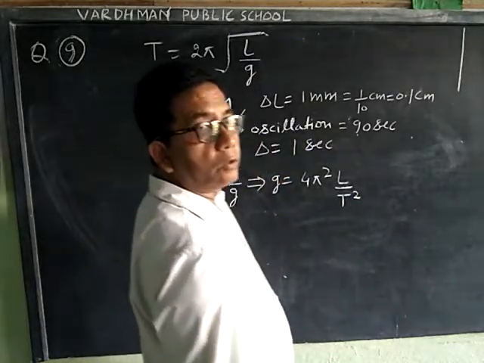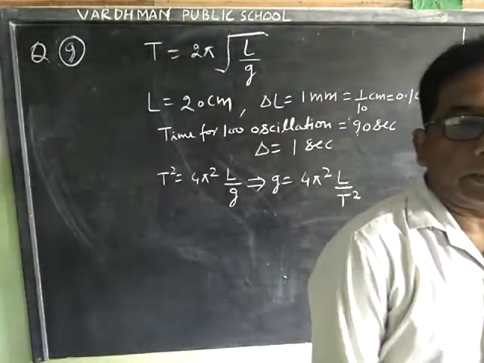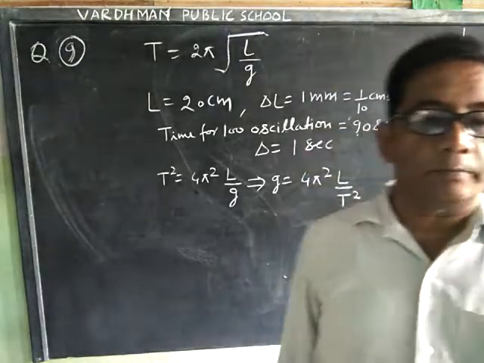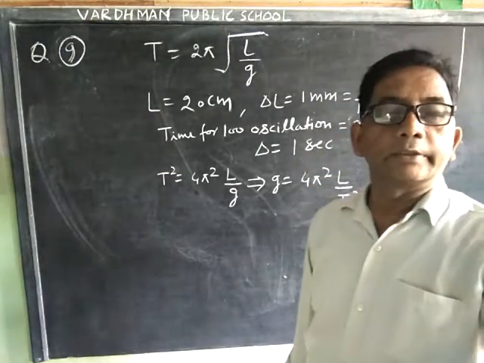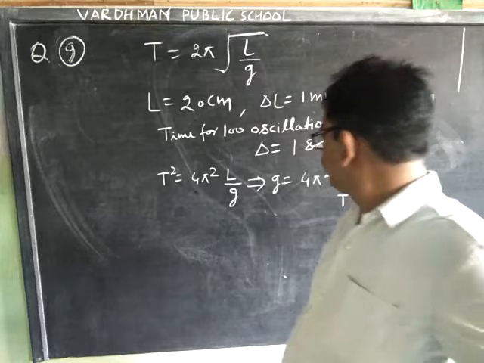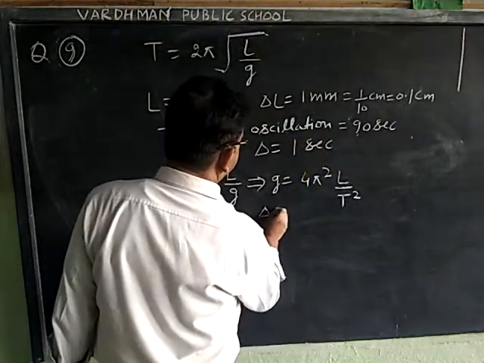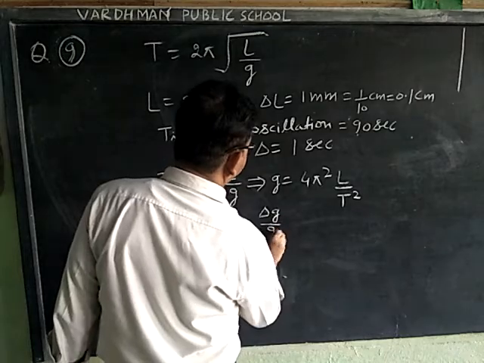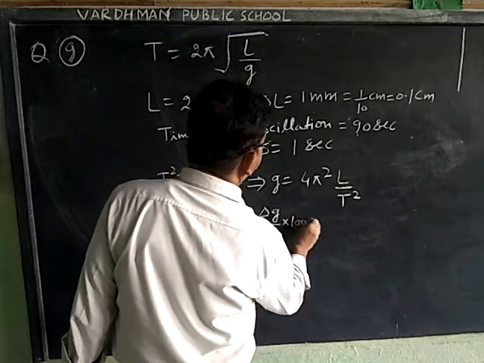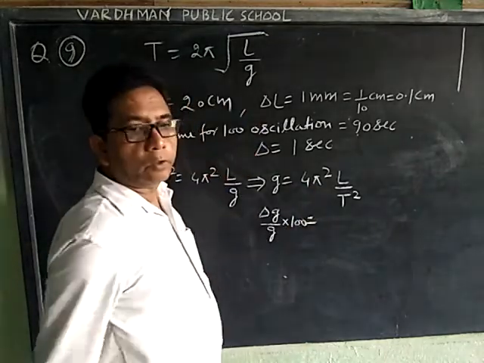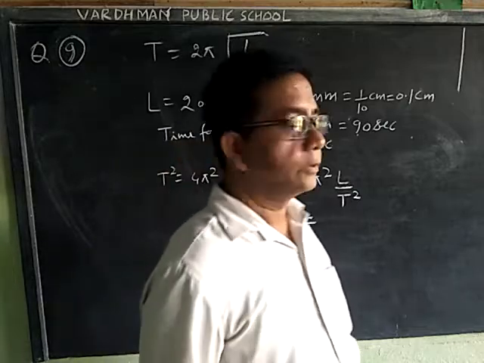Now we will find percentage error in g, that is delta g upon g into 100, and we will ignore 4 pi square.